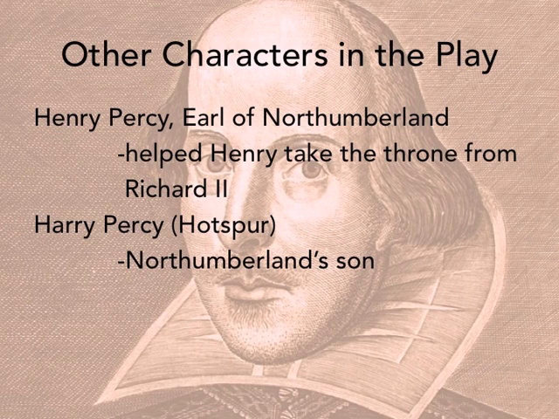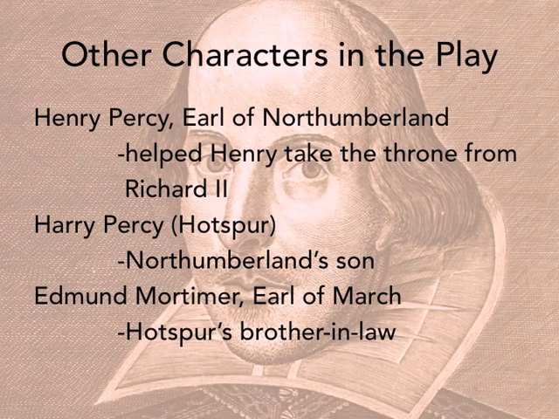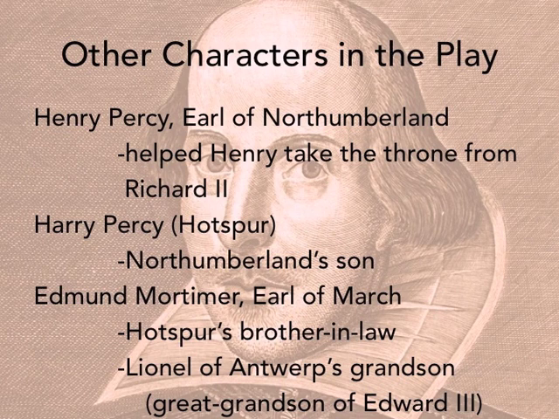Well, Hotspur is asking the king to ransom Edmund Mortimer. And the reason is that Hotspur is married to Mortimer's sister. So there's a family connection there. But Mortimer is actually much more important for other reasons, because Mortimer was the grandson of Lionel of Antwerp, who you may remember was Edward III's second son.